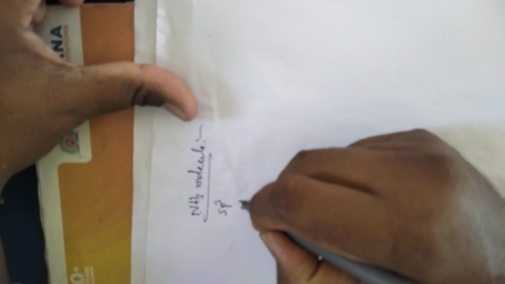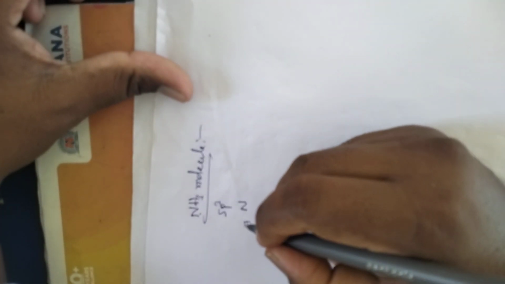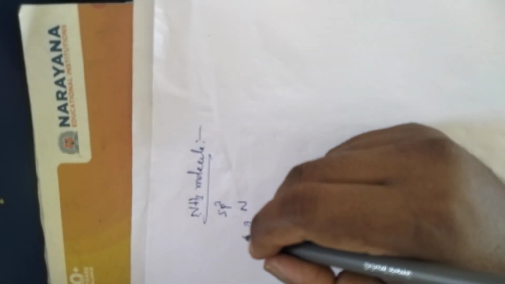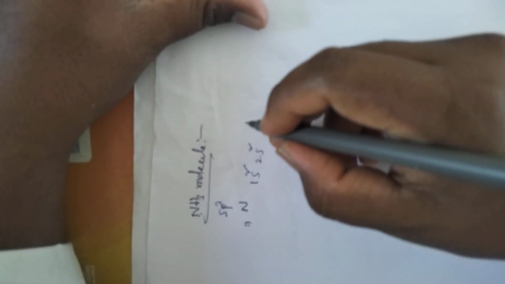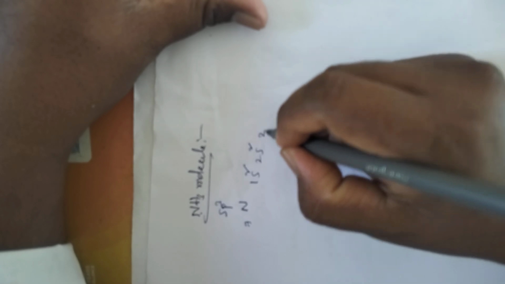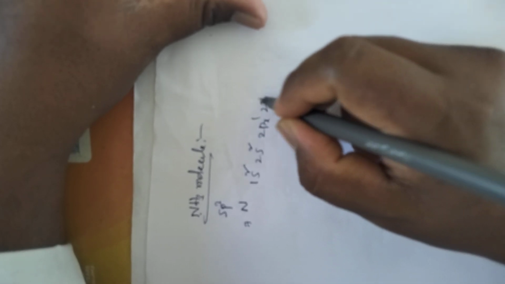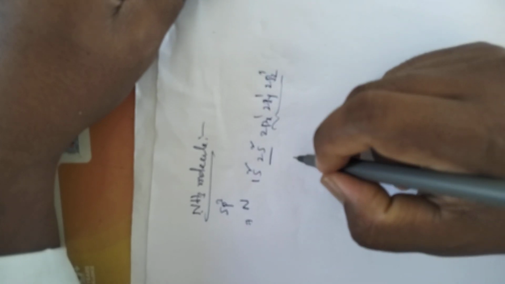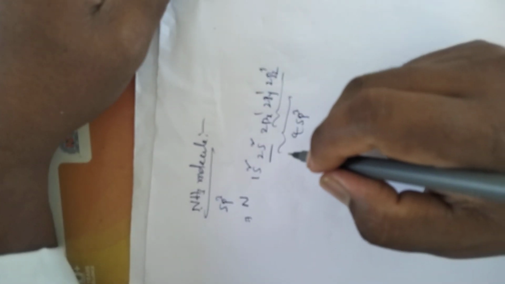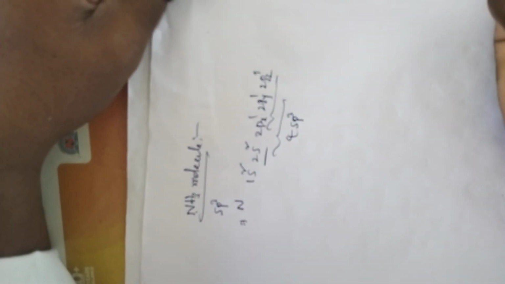The atomic number of nitrogen is 7, and its electronic configuration is 1s2, 2s2, 2px1, 2py1 and 2pz1. Here, one s orbital and 3 p orbitals combine to form 4 new identical sp3 hybrid orbitals.